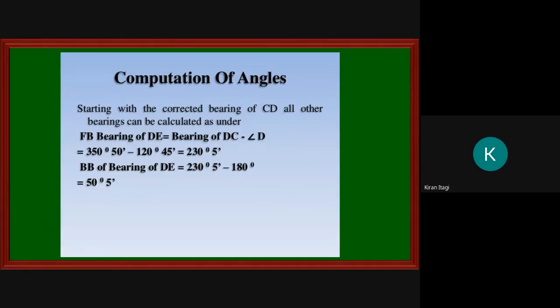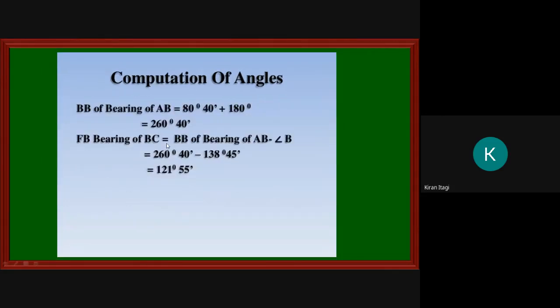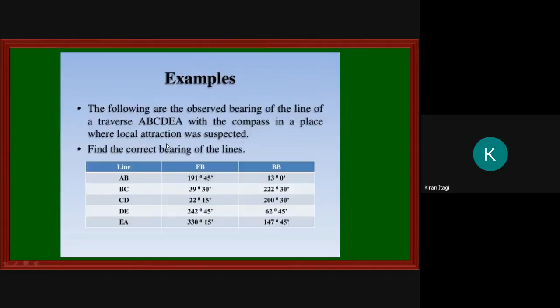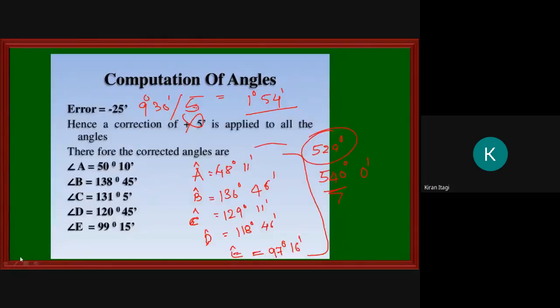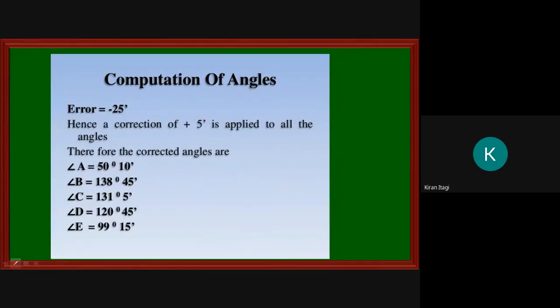Okay. Starting with the corrected bearing of CD, all the bearings can be calculated. Again, the bearing should be started. So the problem is wrong. For present sake, there was an error of minus 25 seconds. 25 divided by 5, it is 5 seconds.